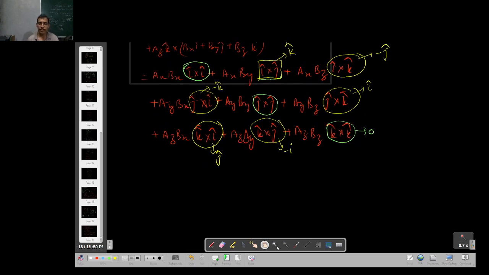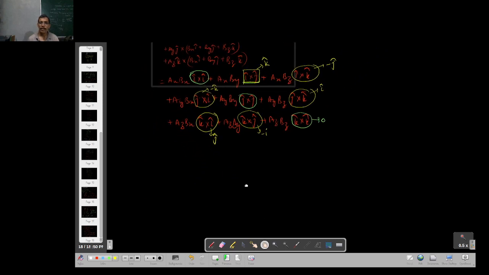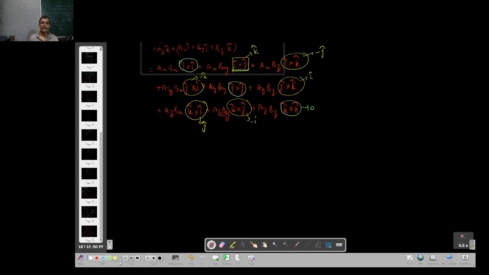So if I put all these values, then A cross B will become: it's a k cap, it's also k cap, so let us put these together. So it is ax by, and here it's minus, so it makes it minus ay bx, k cap.